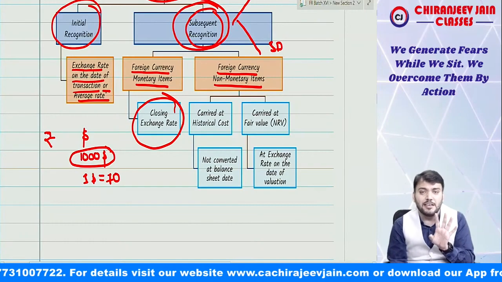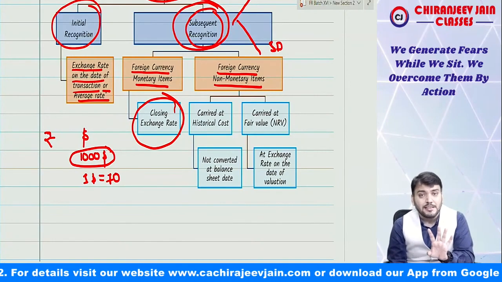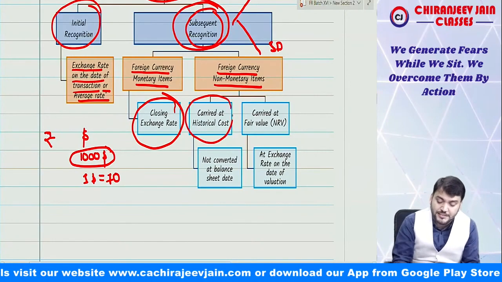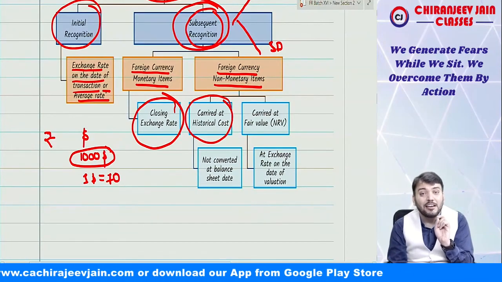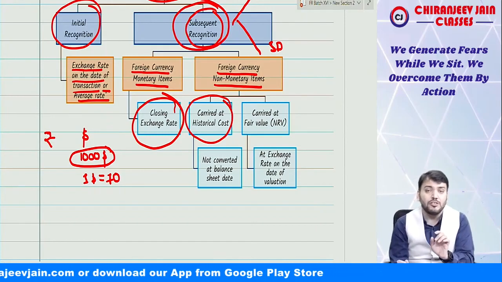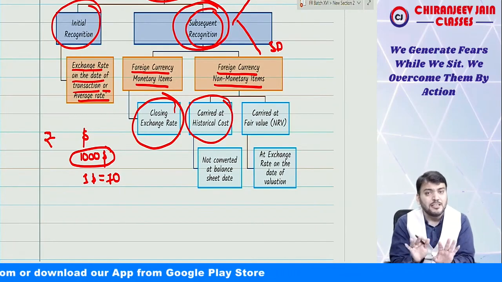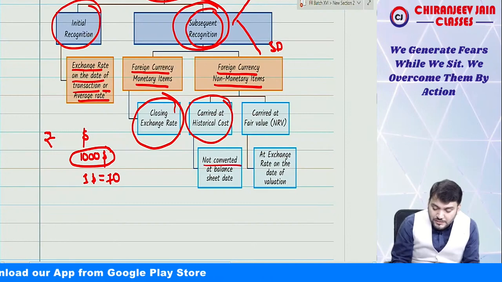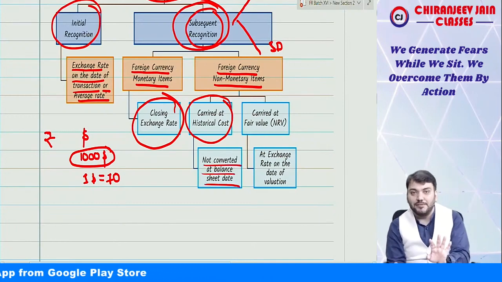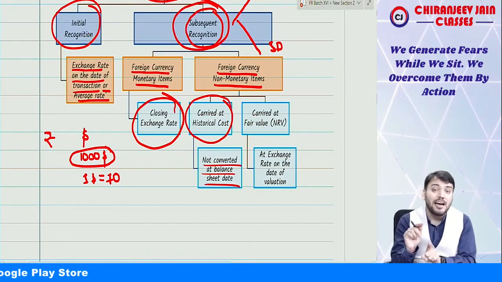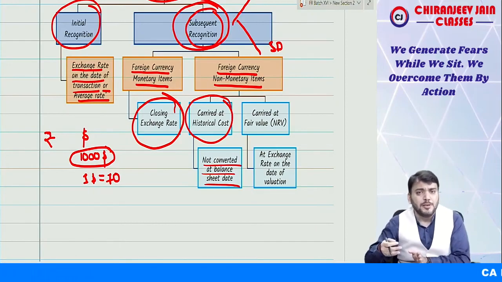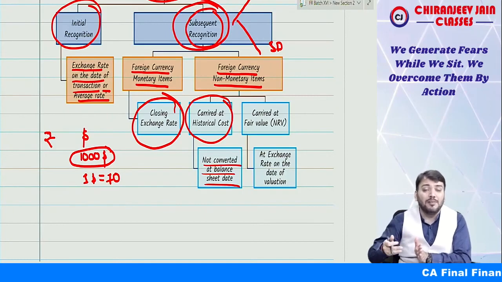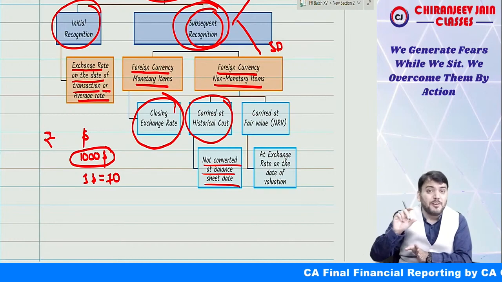For non-monetary items, if they are carried at cost, no translation is required on the balance sheet date. But if such items are carried at fair value, for example for PPE we opted for the revaluation model, or for inventory we are doing valuation at NRV, that becomes fair value.